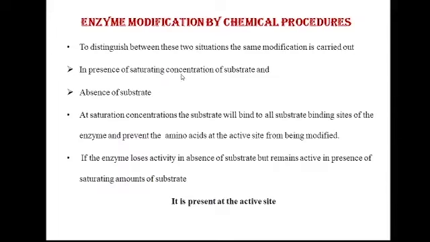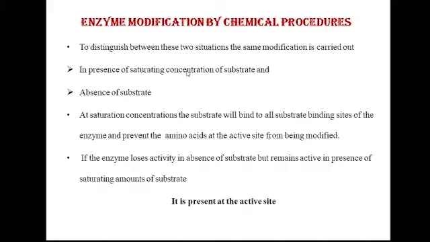The difference in these two types of experiments is that in the absence of the substrate, the R groups of the amino acids that are present at the active site are available for modification by the chemical and thus will get modified.